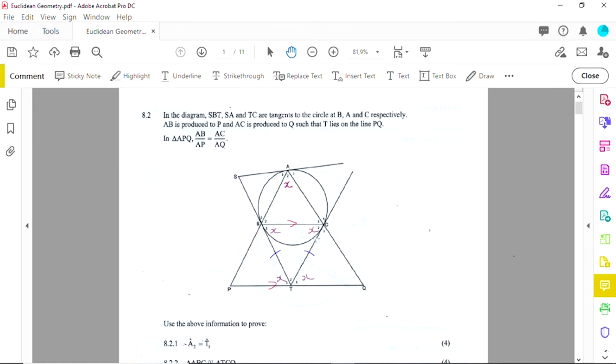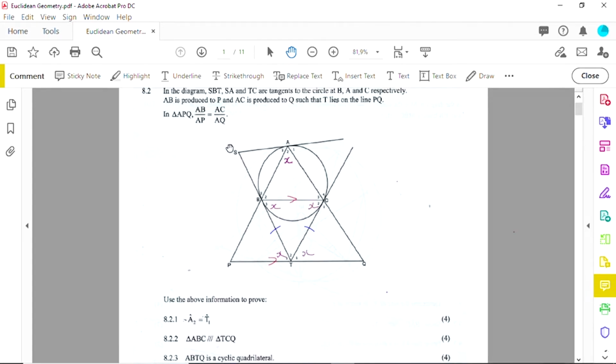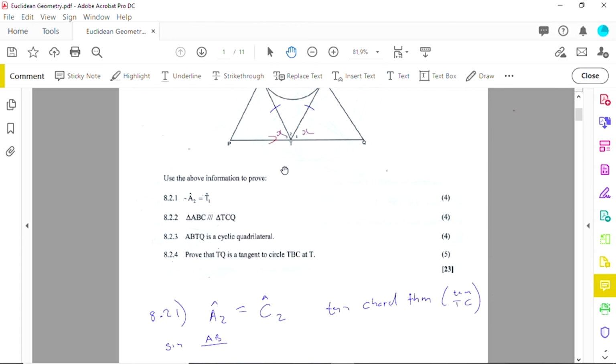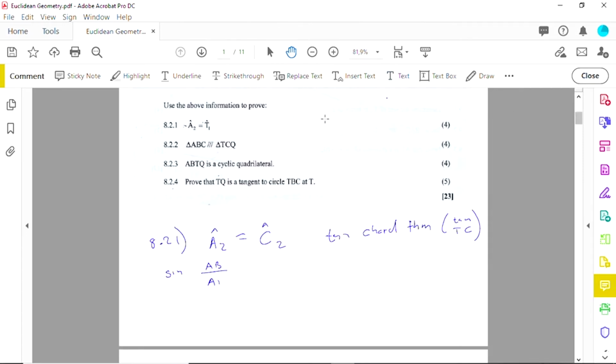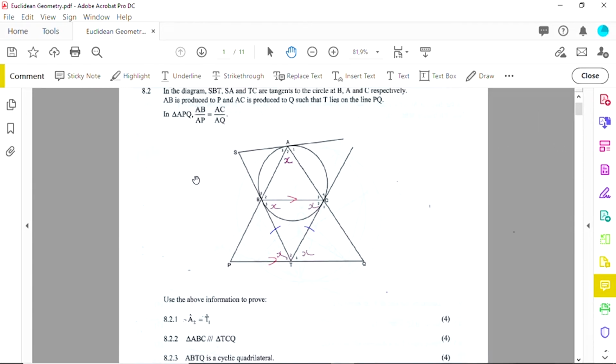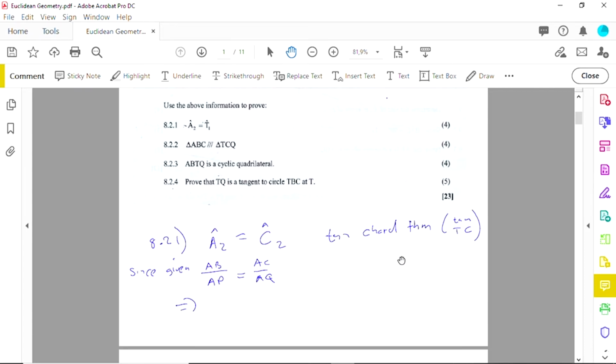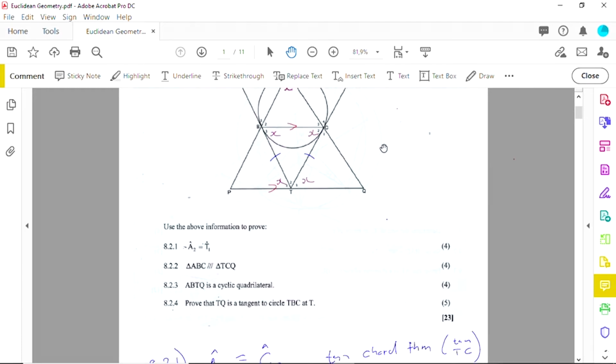So A2 is equal to C2, and since AB over AP is equal to AC over AQ, which is given, then BC is parallel to PQ.